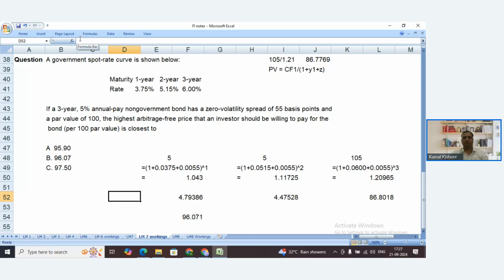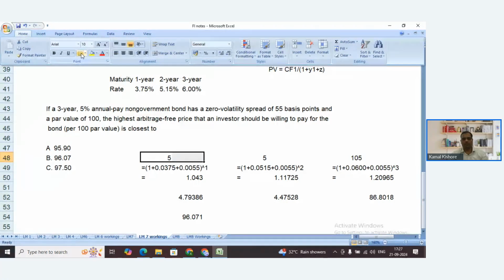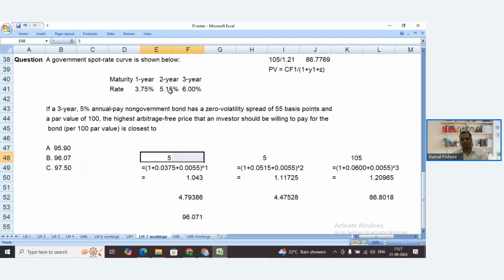That is what we used here, no? 5 cash flow. So then why did they mention just the highest price?